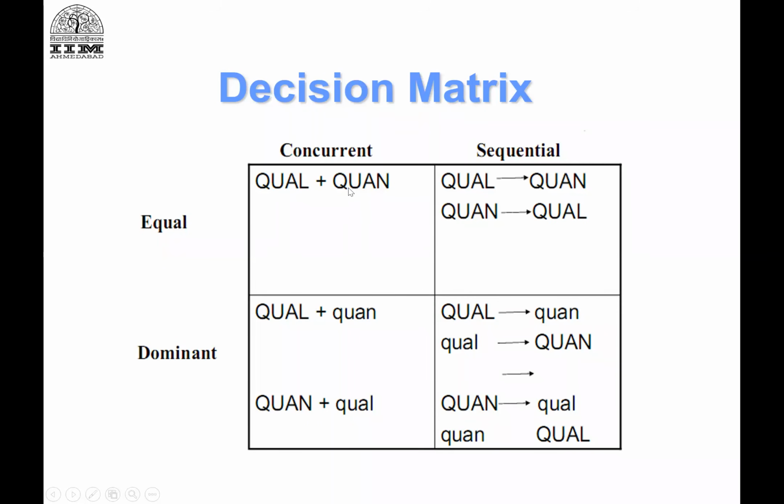So qualitative plus quantitative, that means plus means it is happening concurrently, and both are in capital, so both of them are equally dominant or equally important in the study. So I can use this kind of study. This is especially done in triangulation studies.